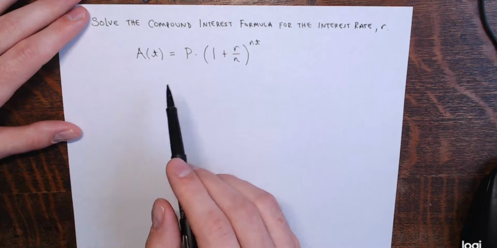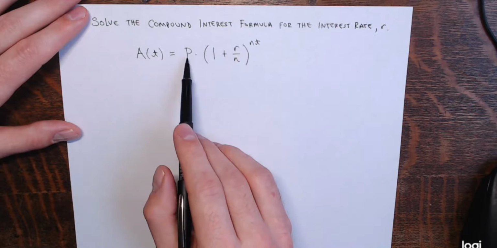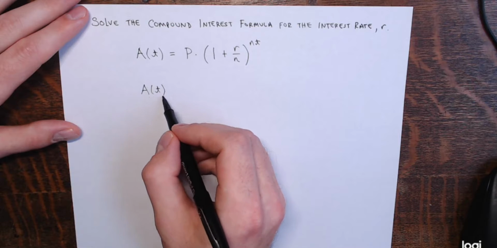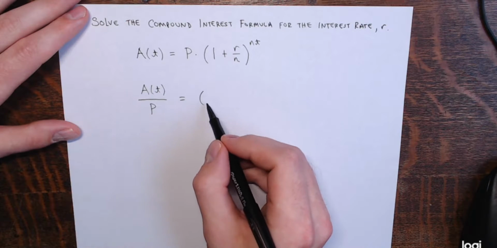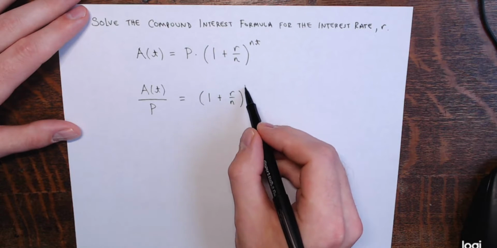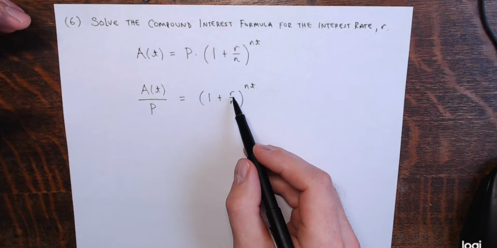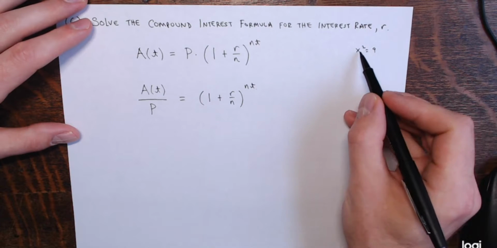So first, if I were you, I'd get this base and power alone, so divide by P. So we have A of t divided by P equals this base and power, 1 plus r over n to the nt. And remember, when the variable you're solving for is in the base, you can take roots. Remember solving something like x squared equals 9, you took a square root, right?